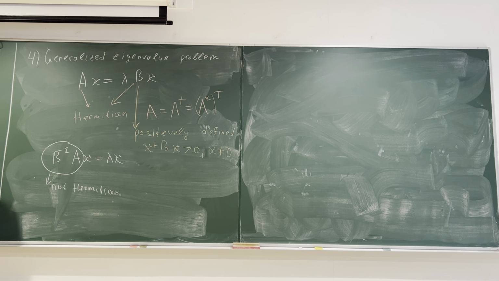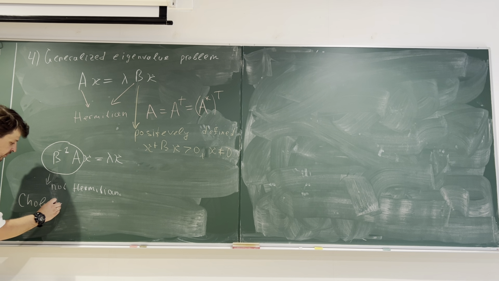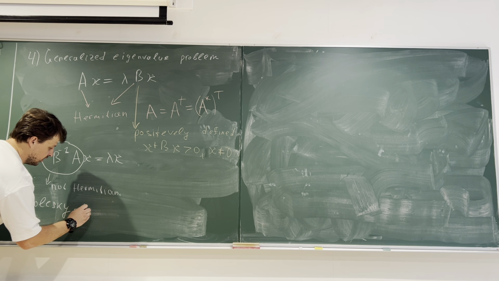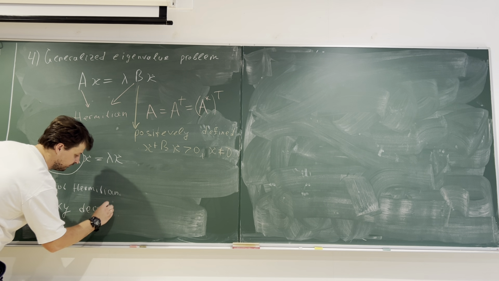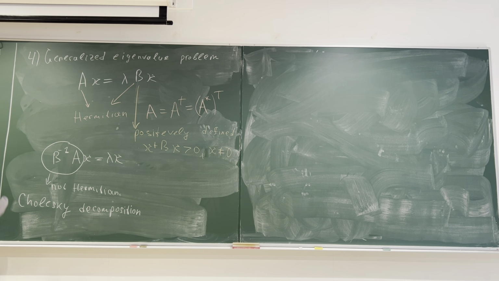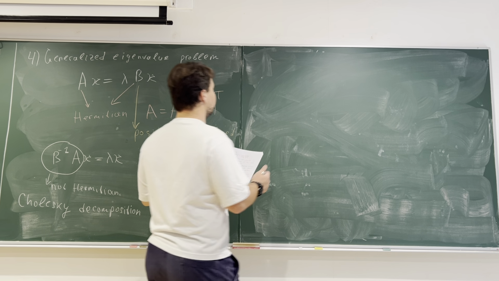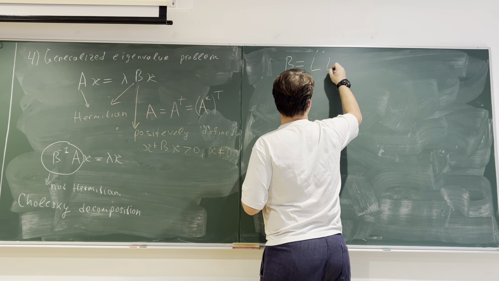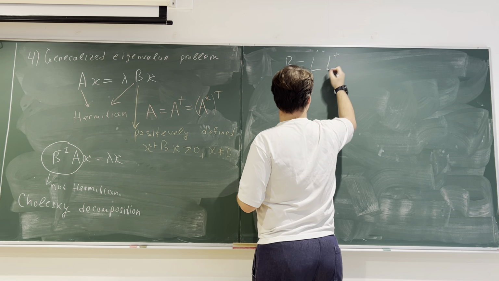And this smarter approach was developed by Rayleigh. That's how his name is spelled. Rayleigh decomposition. And he proved that if we have a positively defined Hermitian matrix, we can present it as a product of two matrices.